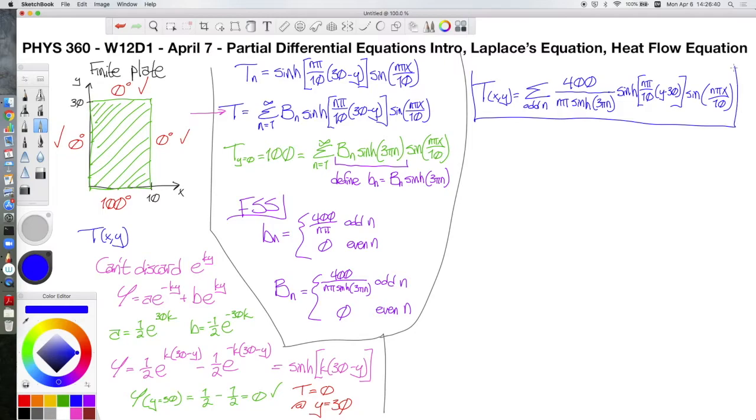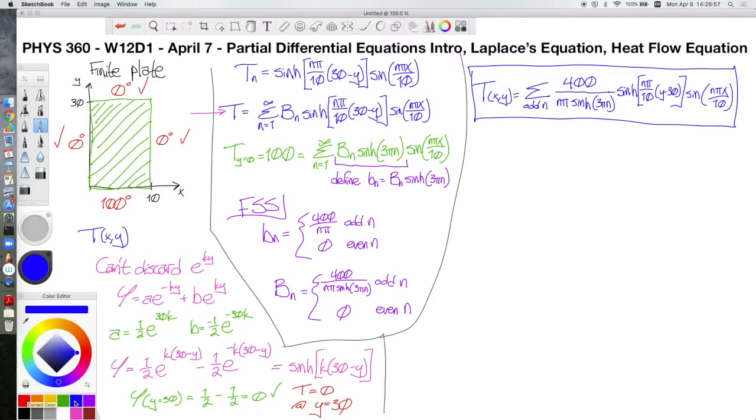And this is our answer here for this problem. And then we could keep as many terms as we need to get a good approximation, and you could just plug in your x and y to determine the temperature at a specific point.